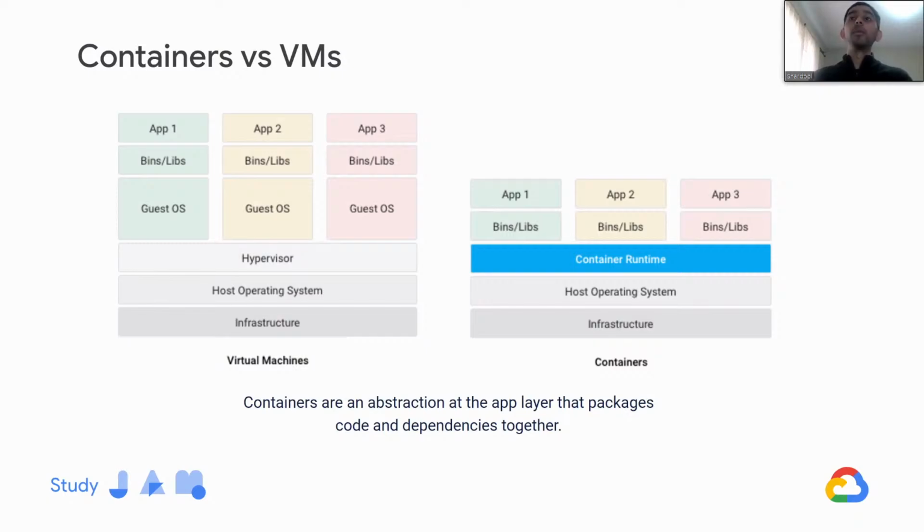So these are binaries, dependencies, and libraries. It doesn't require you to simulate an entire OS, and you can depend on the container runtime to handle all the operating system calls and everything that comes with the OS for you.